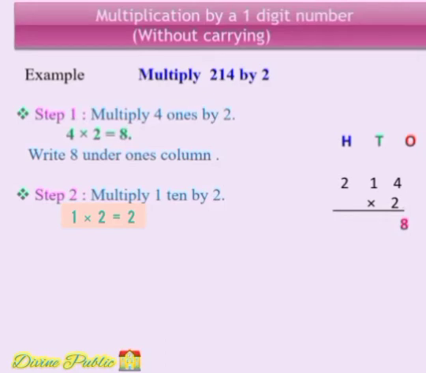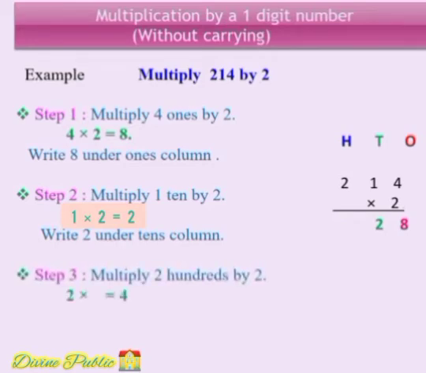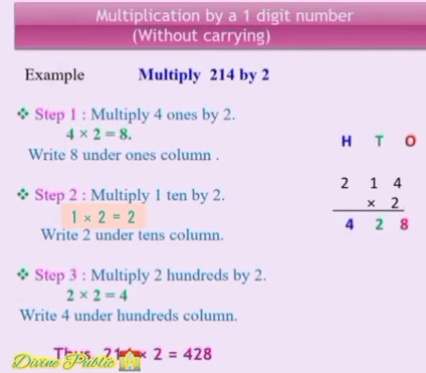Multiply 1 ten by 2 and write 2 under the tens column. Step 3. Multiply 2 hundreds by 2 and write 4 under the hundreds column. So 214 multiplied by 2 is equal to 428.